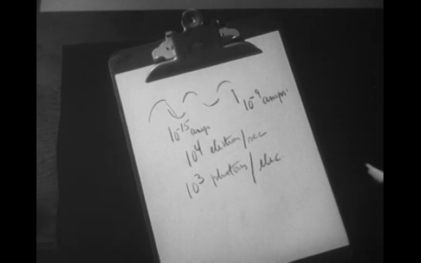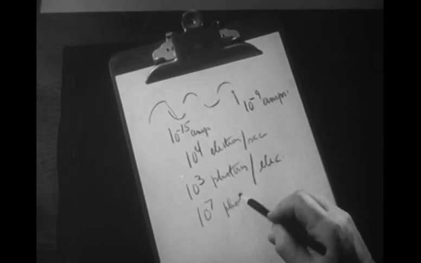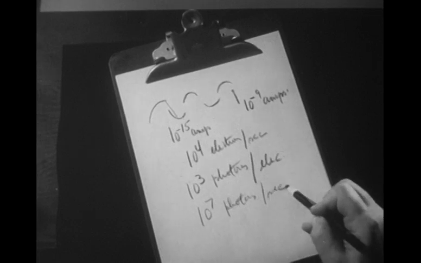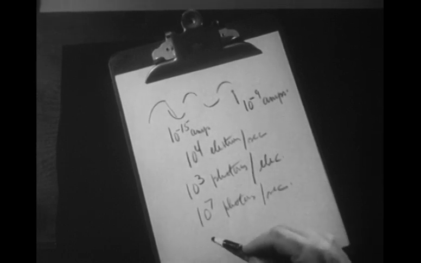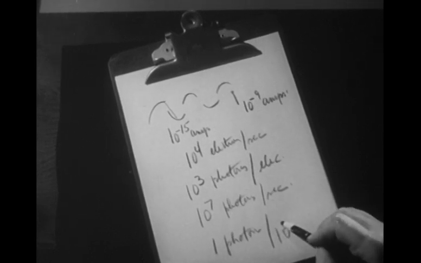So if we have a current of 10,000 electrons per second, there must have been 10 to the 7th photons per second entering the photomultiplier. That means that on the average, there is 1 photon coming in every 10 to the minus 7th seconds.